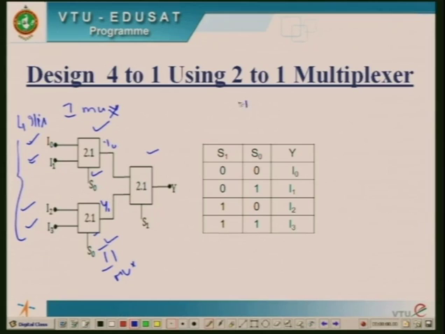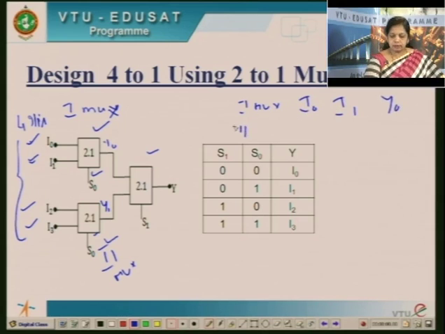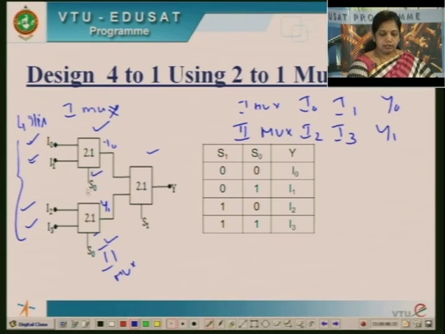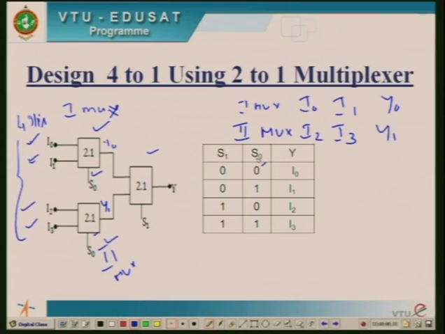So first mux we have I0, I1, y0. Second mux we have I2, I3 and y1. So whenever this S0 is 0, the first 2 lines are selected.